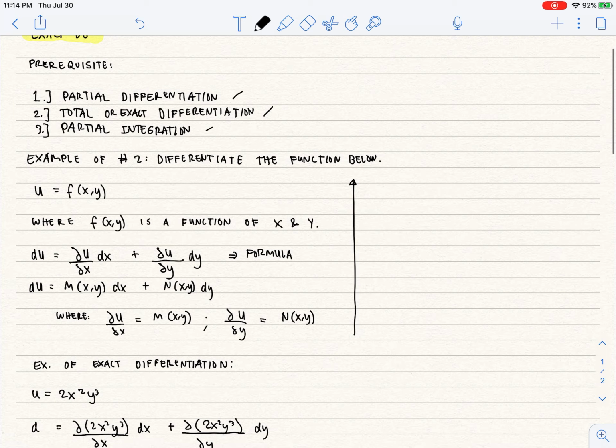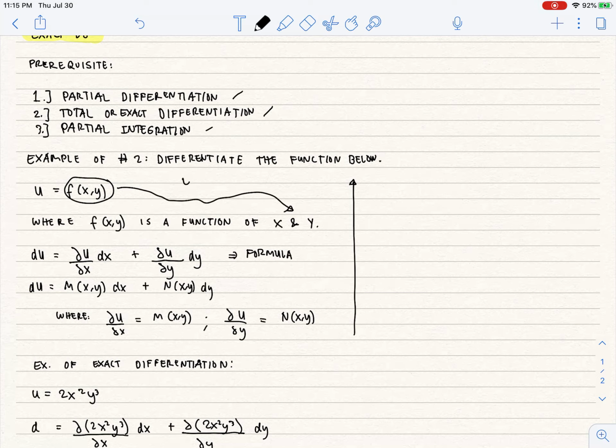Okay, so example of number 2, which is total or exact differentiation. Nakaingon diri, differentiate the function below, which is this one. So for example, ang function na gihatag is u is equals to f of x and y. So f of x and y is a function of x and y.